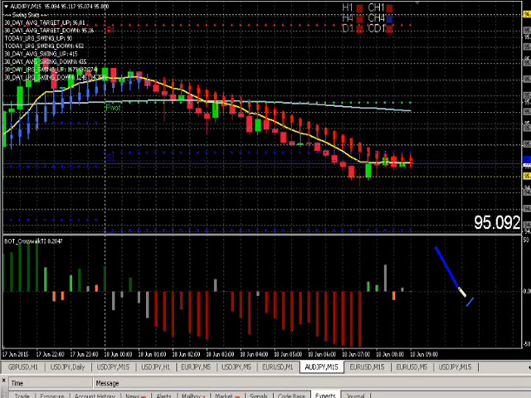I don't know how easy it is to see it, but the zero line itself is just that center of the universe for the oscillator. Now, the indicator is going to be oscillating above or below that zero line, and that zero line is your center.